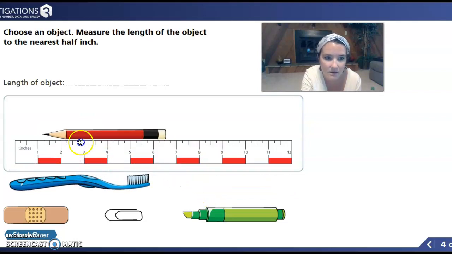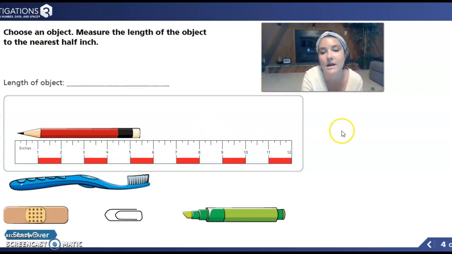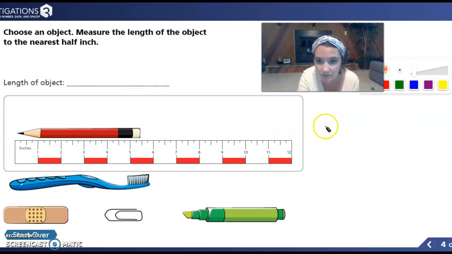About how long is the pencil? You're right. We're at 5 1/2 inches. So we're not quite to 6 inches. It falls right in the middle, halfway between 5 and 6.